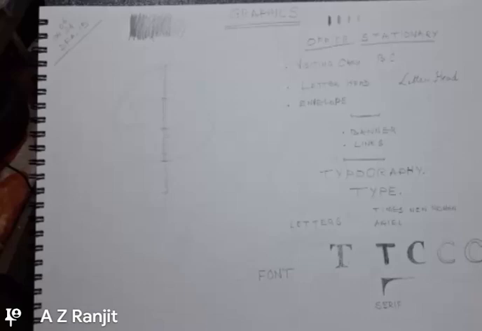See, Adobe, certain fonts, Times New Roman, Times, Garamond, all these are sort of similar. If you are used to it, you can easily find out. But if you are not used to it, they look very similar. But distinctively, we have a difference.